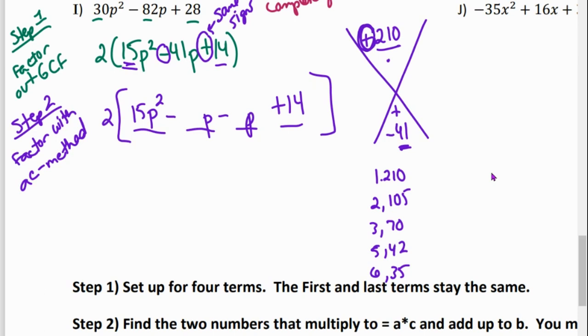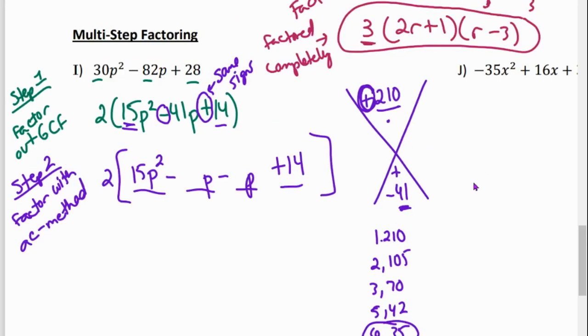So have we found two numbers that add up to 41? 6 and 35. But keep in mind your signs. So they're going to be the same signs, but they're going to both be negative. 6 and 35. So that's how we get the 6 and the 35 in here.